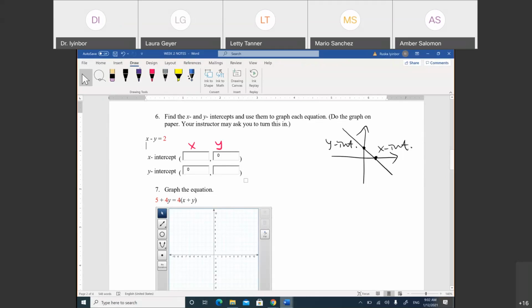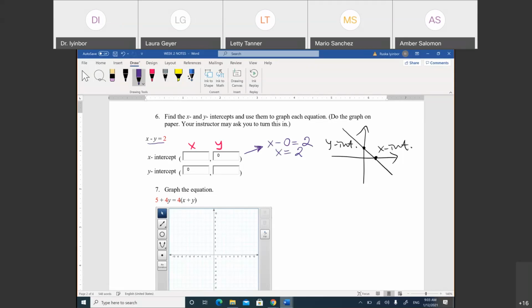If I want to find the x-intercept, I'm doing the x-intercept now. Using the equation, I'm going to replace y with 0. I'm going to follow the equation. I have x minus 0, that's my y, equals 2. And x minus 0 is x, so x equals 2.